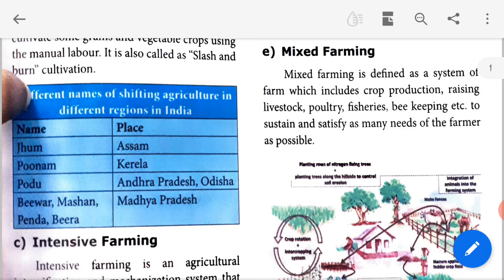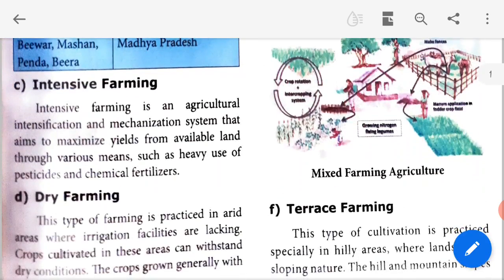Poultry, pigs and all those things. Fisheries, even fish, beekeeping, etc. Why they do that is to sustain and satisfy as many needs of the farmer as possible. So as much as they can, they will do it for their own good.